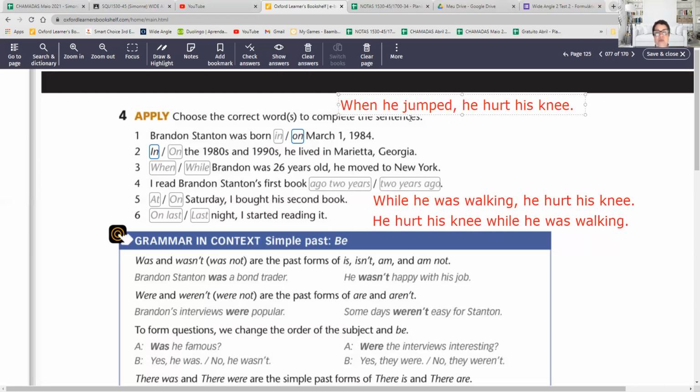Here in the second one, this action, jumping, was not in progress. It was an instant action. He jumped. So when he jumped, he hurt his knee. Or I can say, he hurt his knee when he jumped. This action doesn't have a duration. It didn't last long. It was a quick action that provoked an accident. Okay, sorry guys.